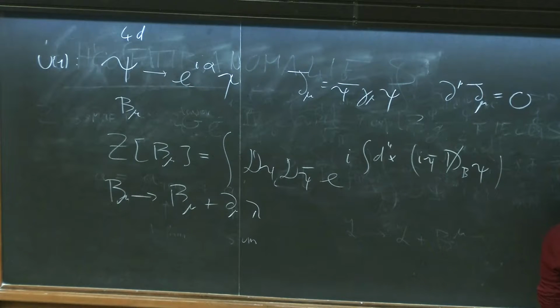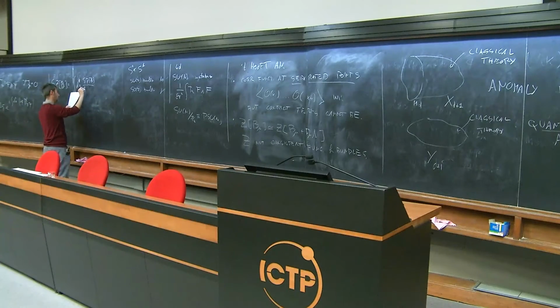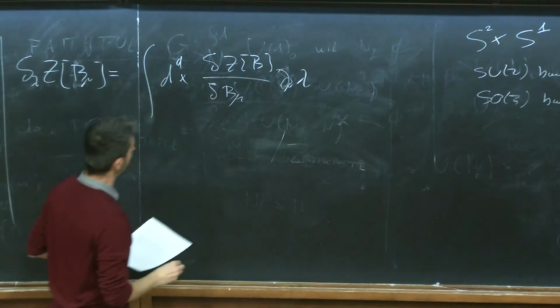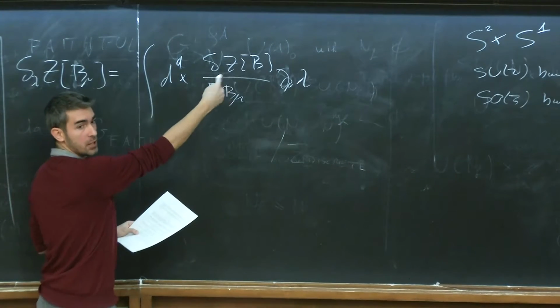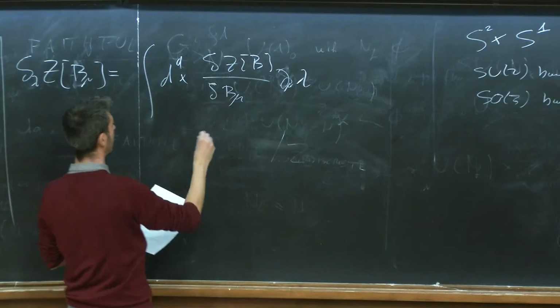Well, if we perform the variation of the partition function, what do we have? Well, we have the variation with respect to the argument times the variation of B, which is just the gauge transformation. And then we just notice that this is the generating function of correlators of the current.